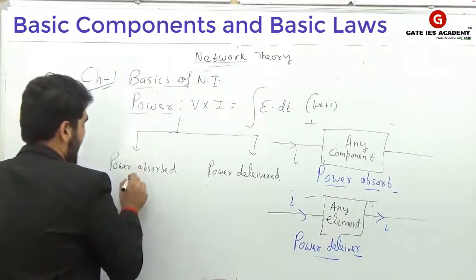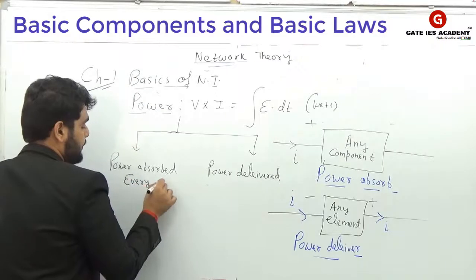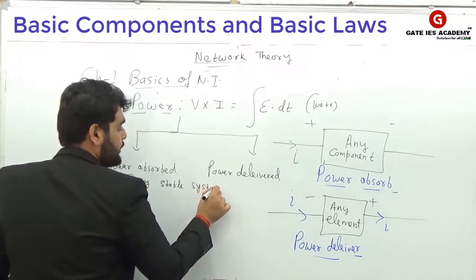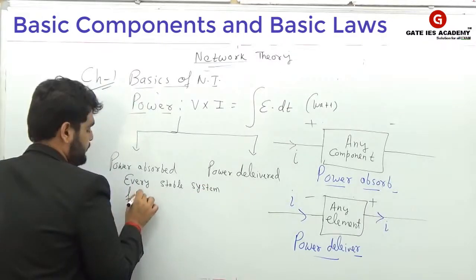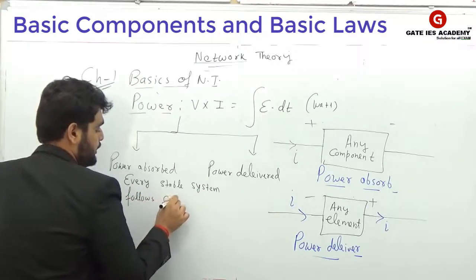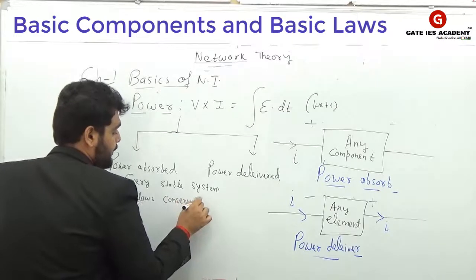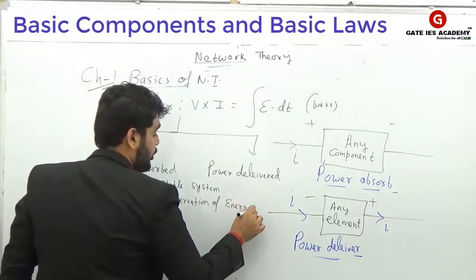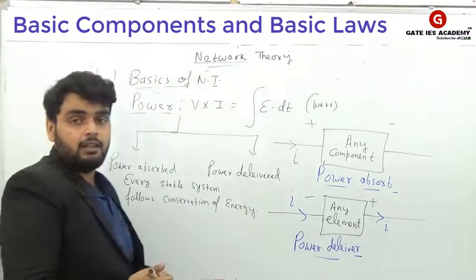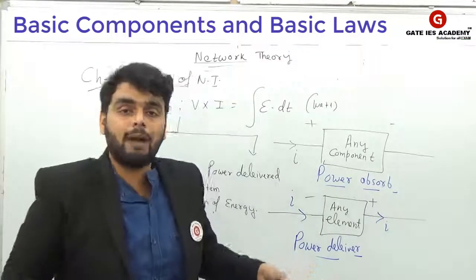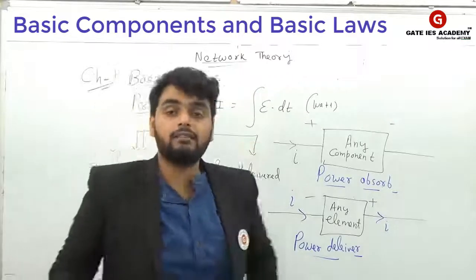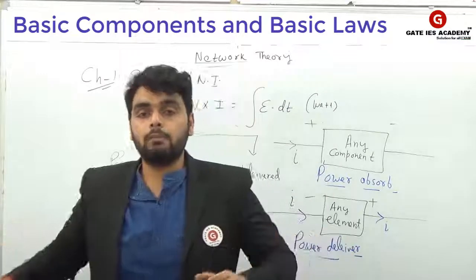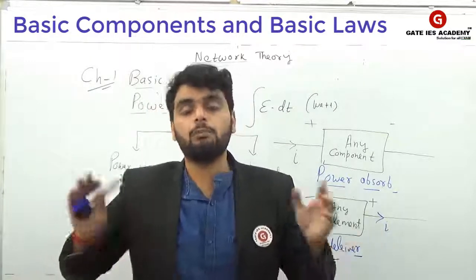What I said, every stable system follows conservation of energy. What is the conservation of energy? Energy can neither be created nor be destroyed, right? Similarly, energy is nothing but power, you can see from this formula. So I can say power can neither be created nor be destroyed. So whatever the total power delivered is, it will be the total power absorbed.